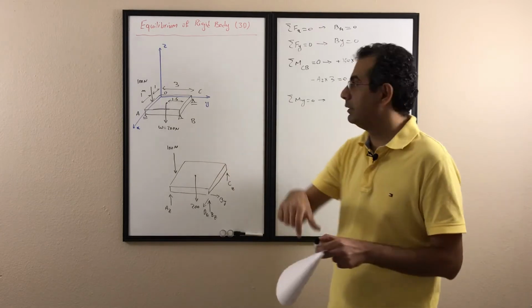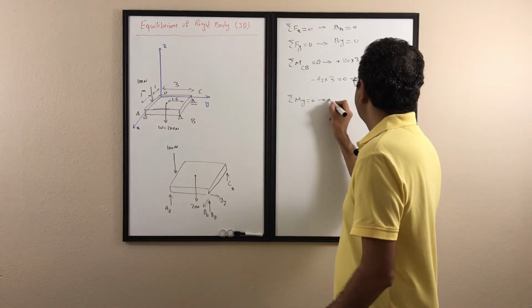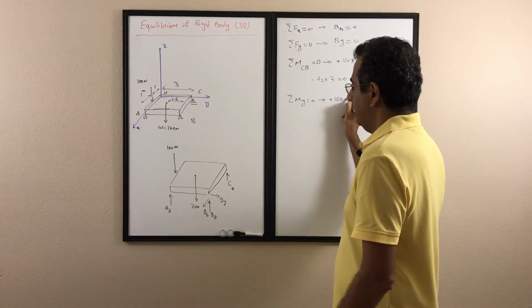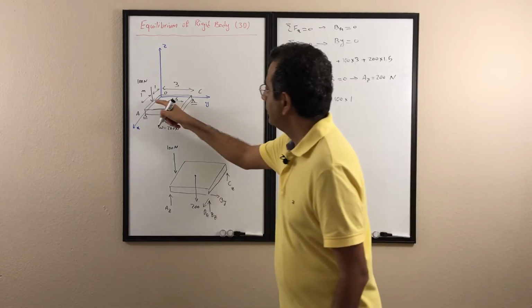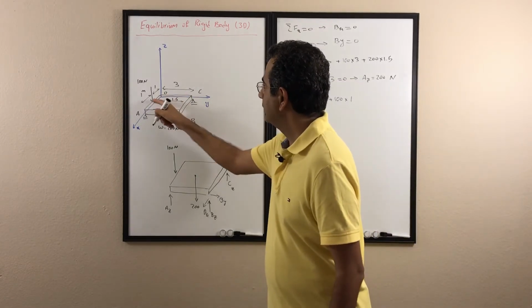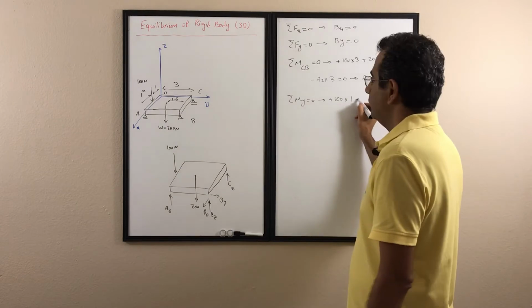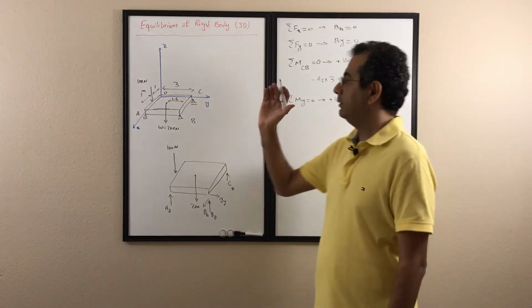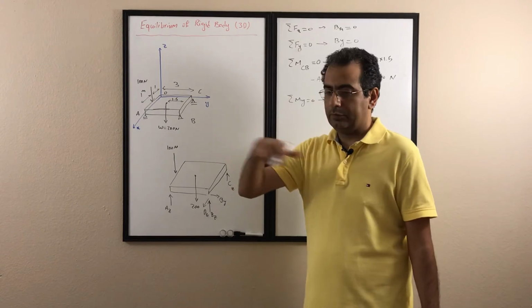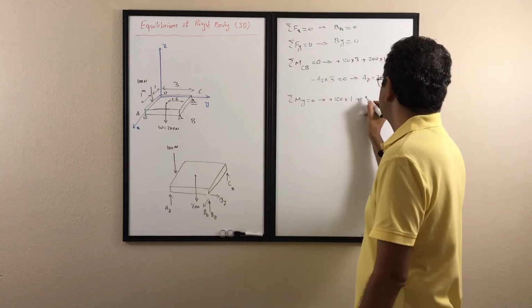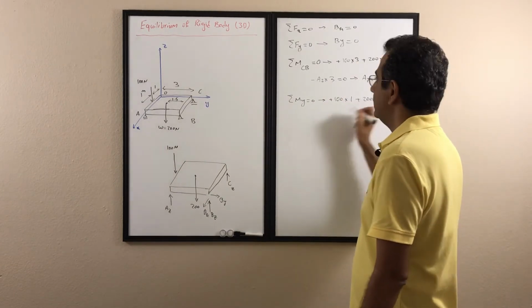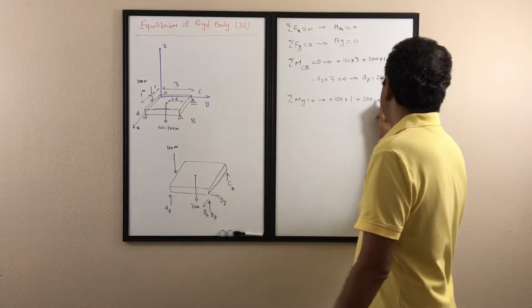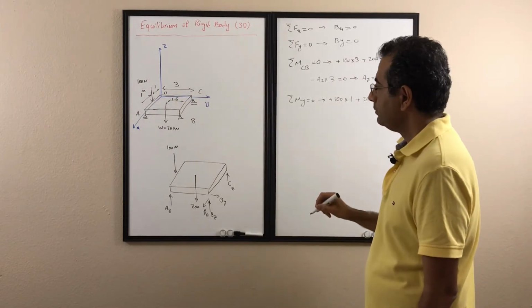My thumb is in the positive direction, so it's a positive 100, and the distance is 1 with respect to the y-axis. Then the weight is 200, and again it rotates like that, my thumb goes in the positive direction of y, so it's positive. So it's 200, and the distance is again 1.